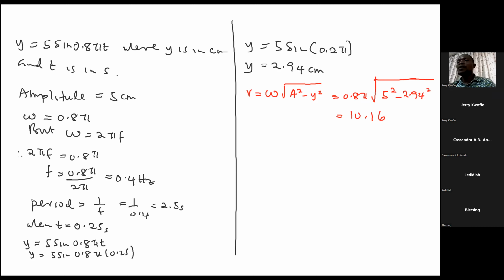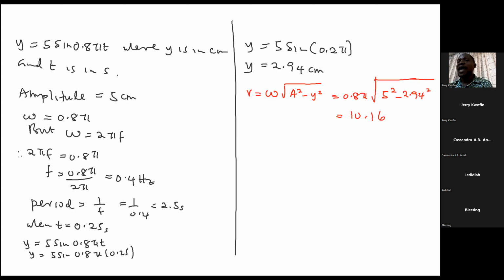If you look at the formula we have used and the substitutions that have been made, what is the unit for the velocity? Look at the equation.